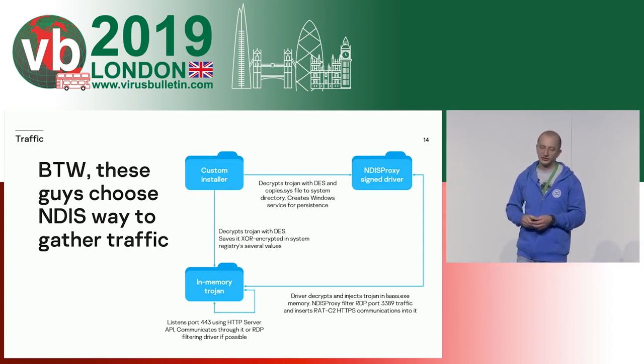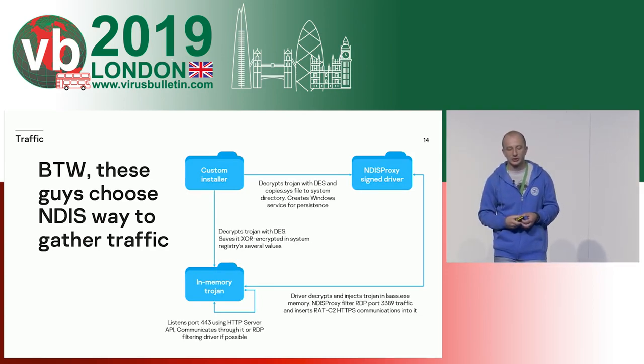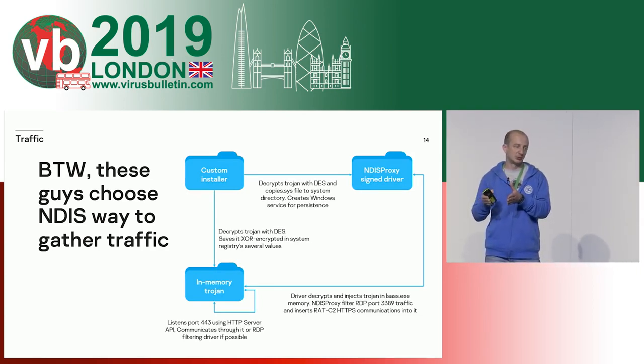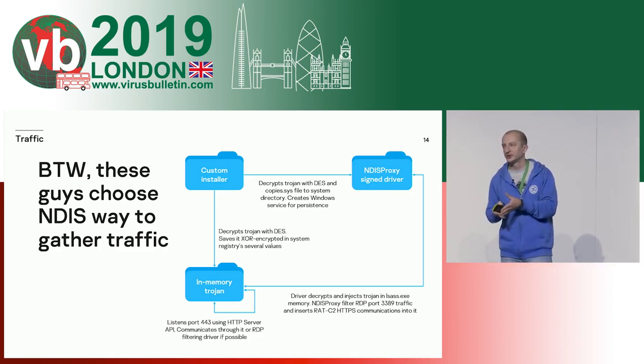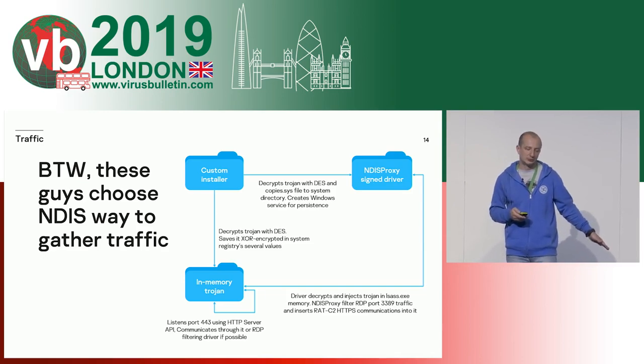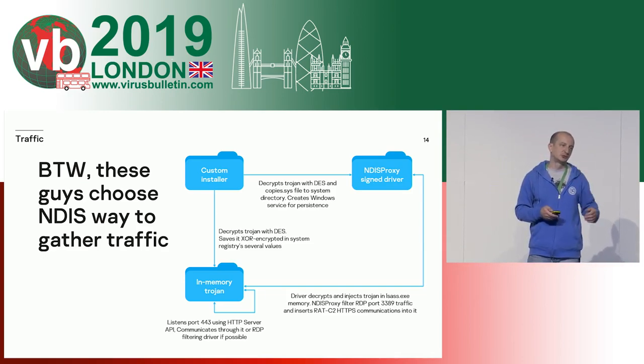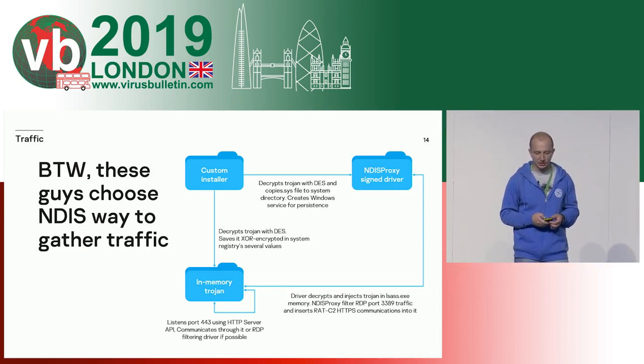They install a proxy driver with a custom installer. By the way, they also stole a digital certificate to sign this driver, and this Trojan works together with it to communicate through the DNS channel.